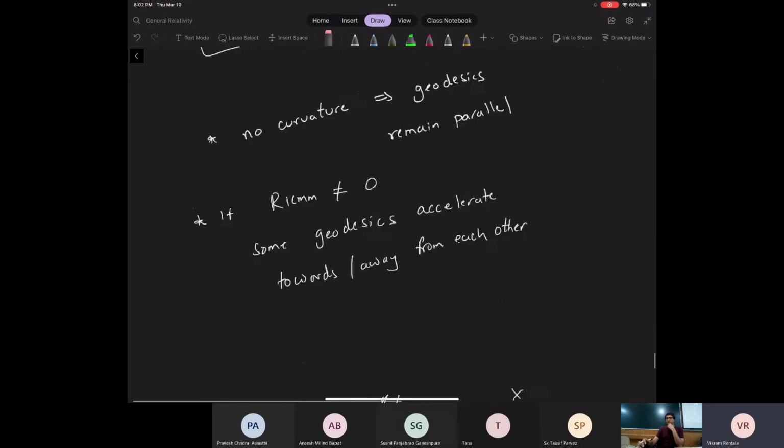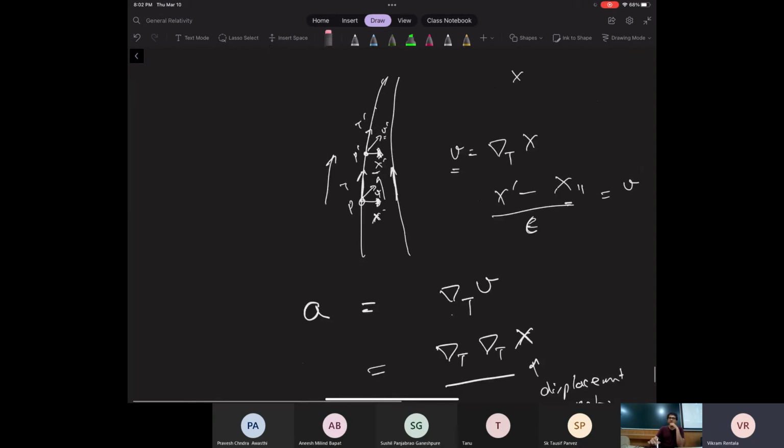Yeah, so basically what you're arguing is if the velocity is non-zero, these displacement vectors are changing, and therefore the geodesics are either coming closer or moving further apart.